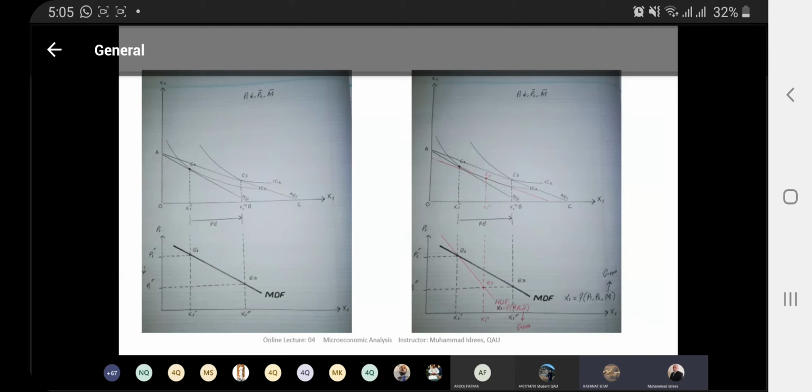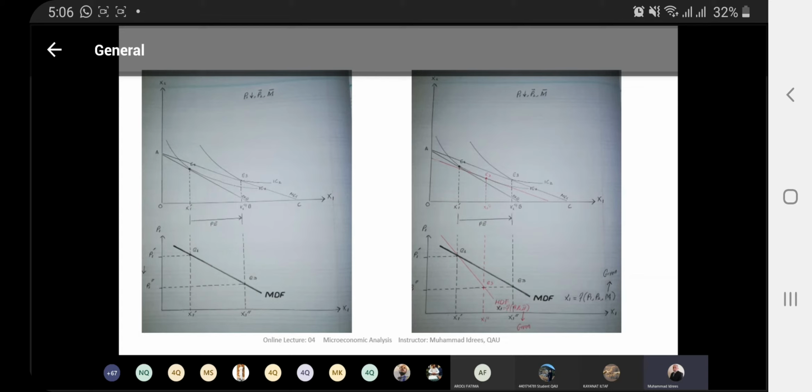In the Hicksian approach, we compensate the consumer in such a way that he is able to get the old level of utility, not the old consumption bundle. In the other approach, we compensate the consumer in such a way that he exactly goes back to the old consumption bundle. There are two different approaches.